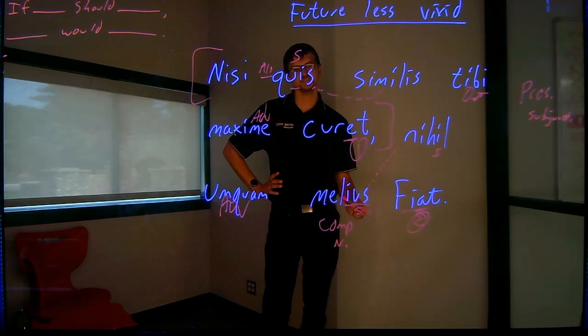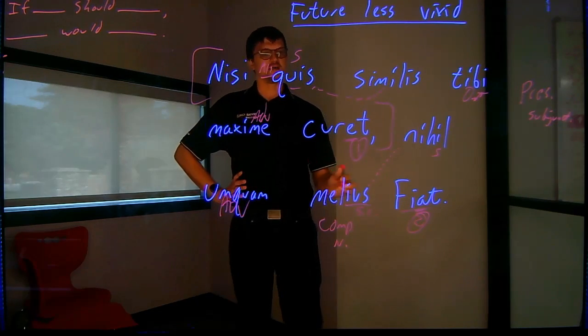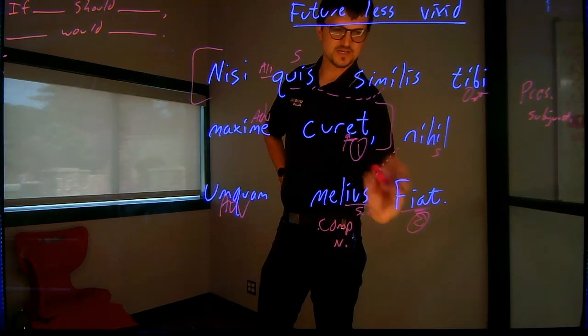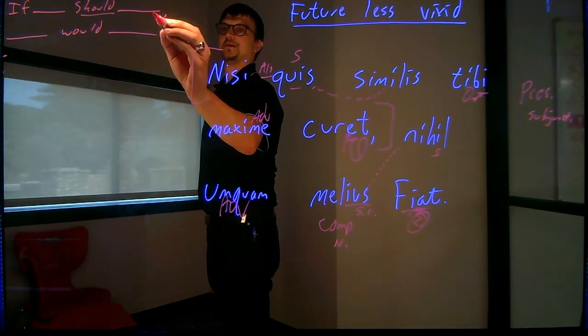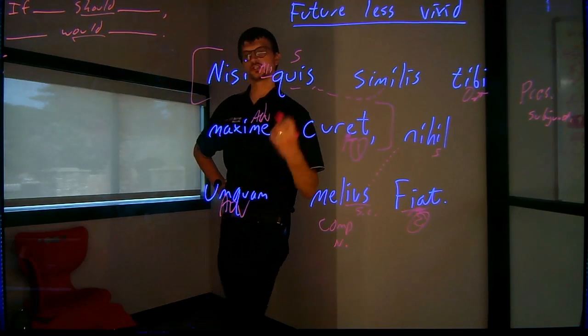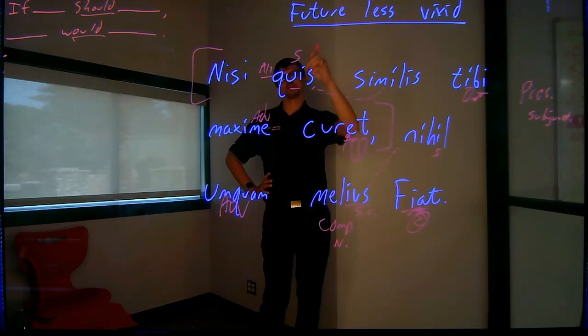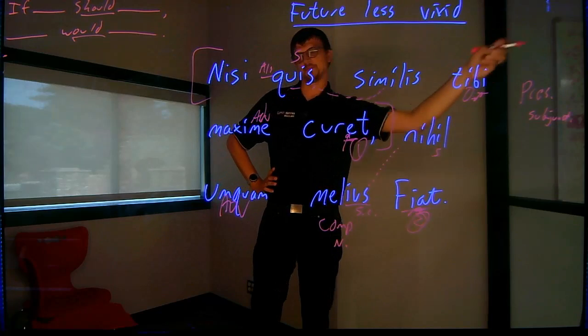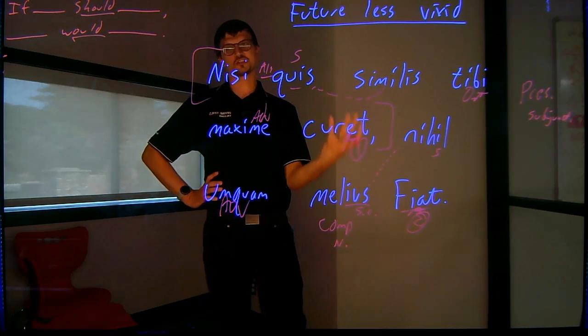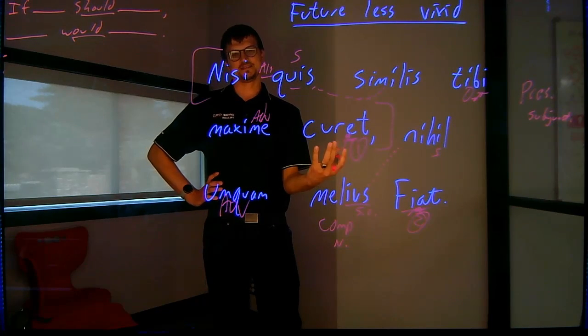All right. So, again, I want to point out that you have these present subjunctives, and we're going to follow this. If something should happen, this would happen. So, the should is putting you in the future. Like, if this should happen tomorrow, if this should happen in a year, something else would happen. There's the consequence. Again, the uncertain thing that could happen.